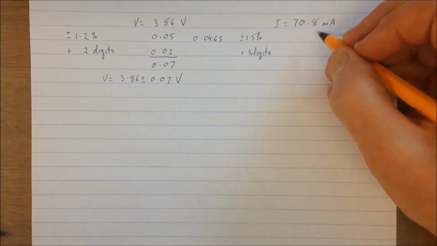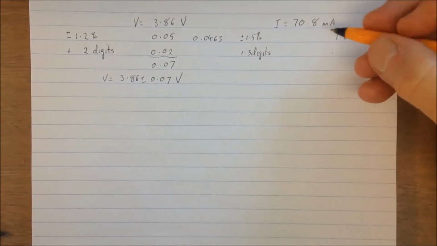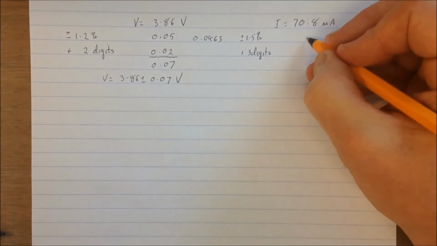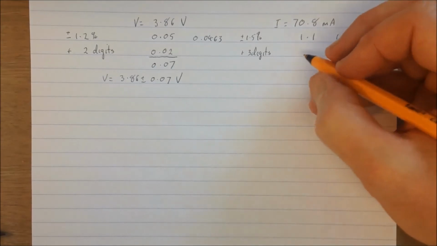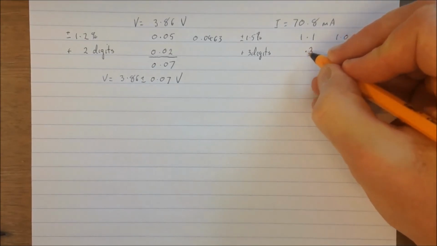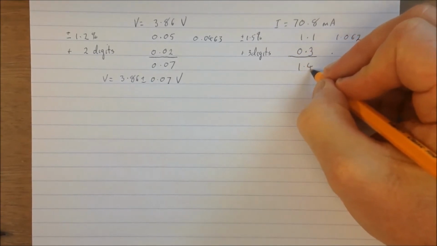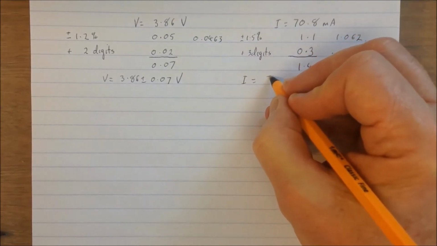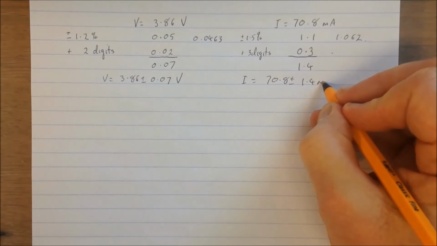Similarly for the current, 1.5% of 70.8 is actually 1.062 milliamps, and so again I am going to round that to the last place shown on the digital meter, which in this case is the first decimal place, and round that to 1.1. 1.06 rounds up to 1.1. 3 digits simply means 3 in the last place. That added together is an uncertainty of 1.4 milliamps, and so the actual current I is 70.8 plus or minus 1.4 milliamps.